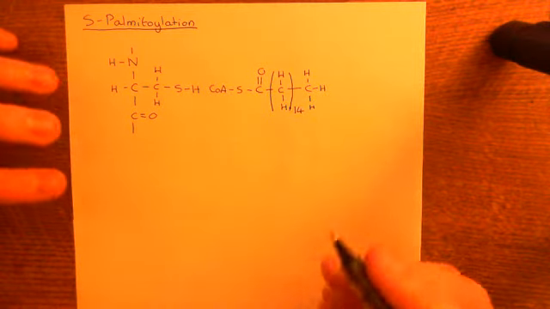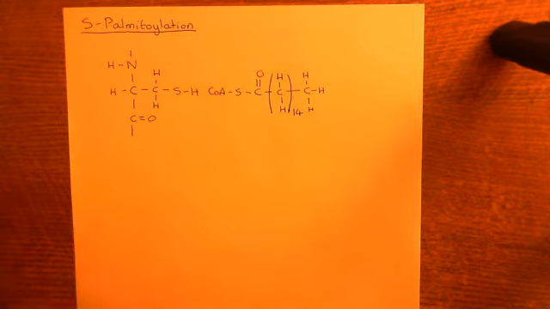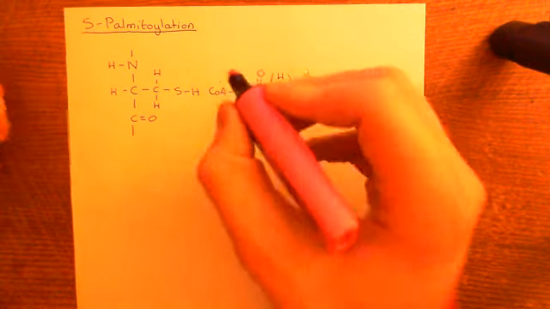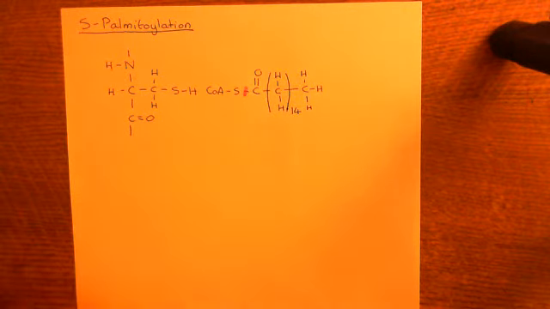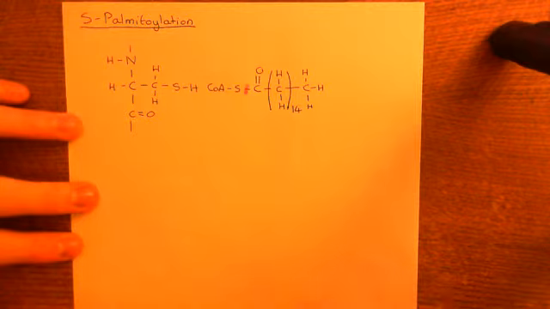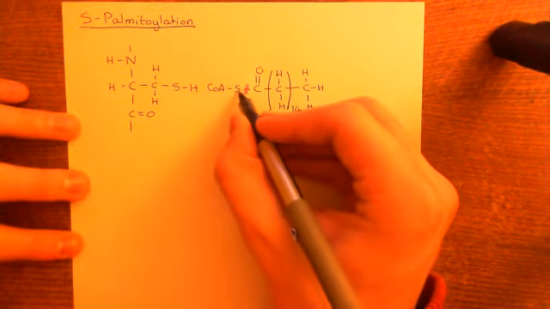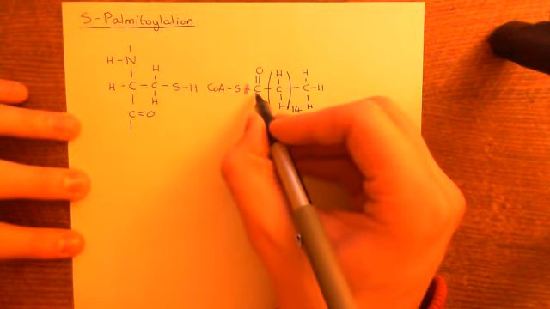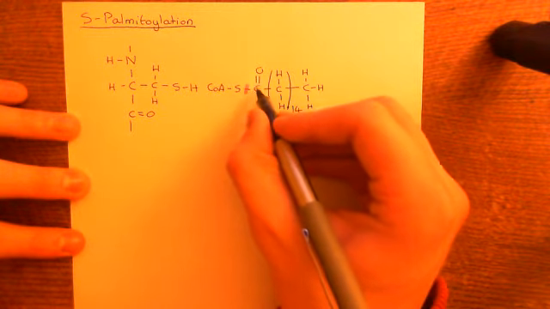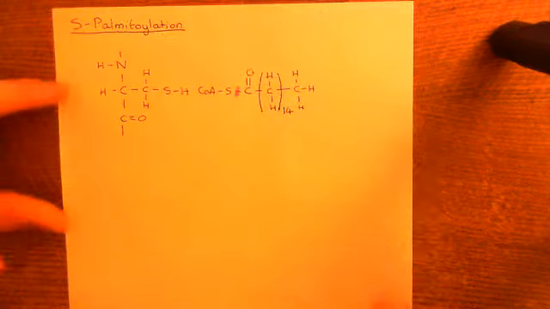And what we're going to do is basically cleave the bond between this carbon and this sulfur. Now remember, covalent bonds consist of 2 electrons, one from each of the 2 members of the bond. So there will be 1 electron from the sulfur atom and 1 from the carbon. Okay, imagine giving the electron from the sulfur back to the sulfur and giving the electron from the carbon back to the carbon.